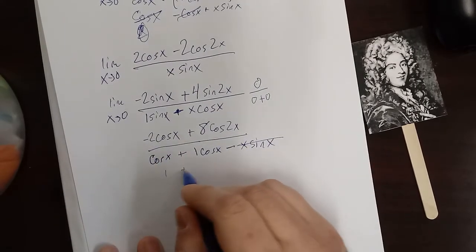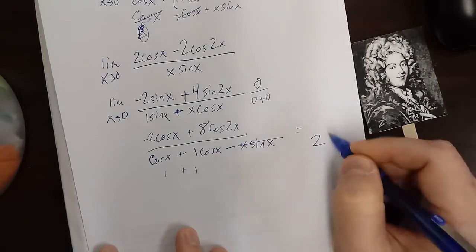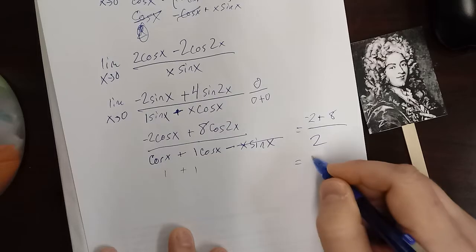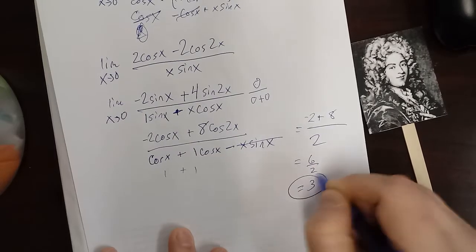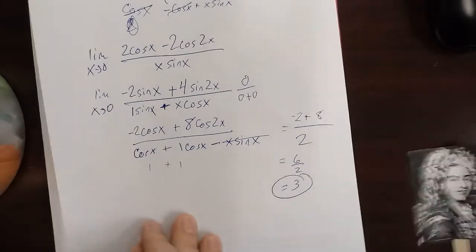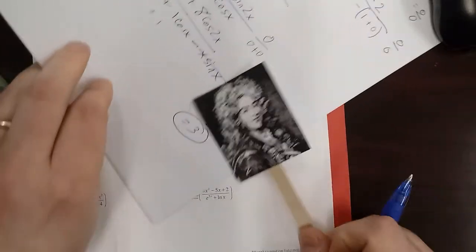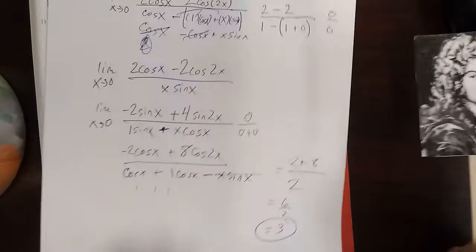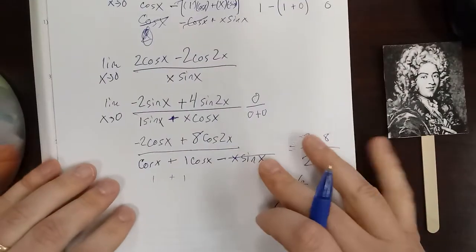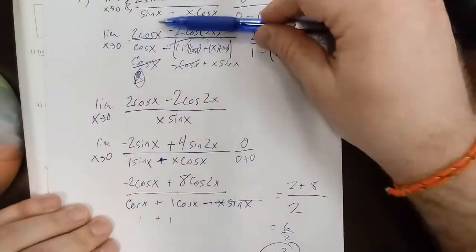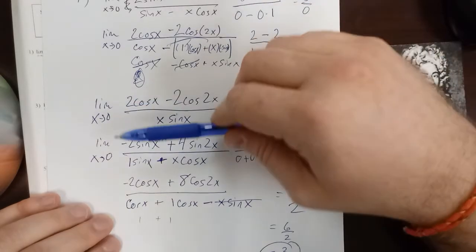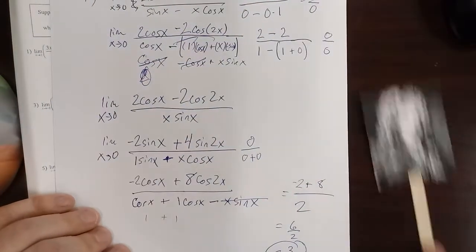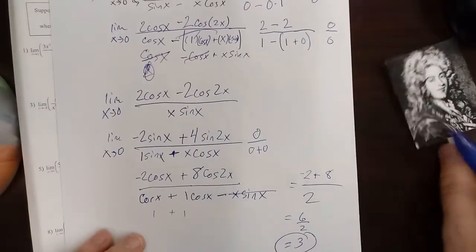This is 1 plus 1, so the bottom is 2. The top is negative 2 plus 8. We get 6 over 2, we get 3. So we get that nice little happy face. All right, so let's see, we had to do L'Hopital's rule 1 time, 2 time, 3 time, 4. We had to do it a whole bunch of times.